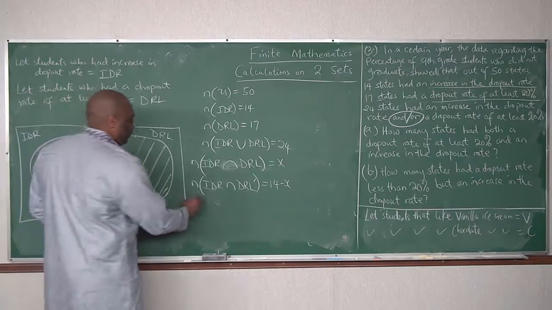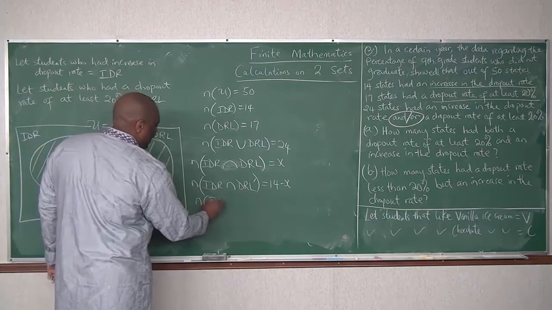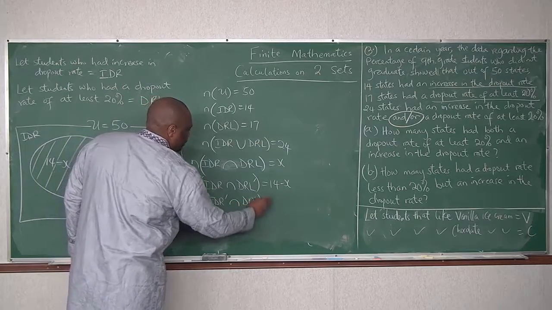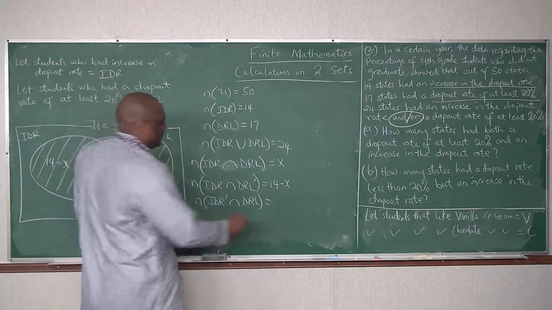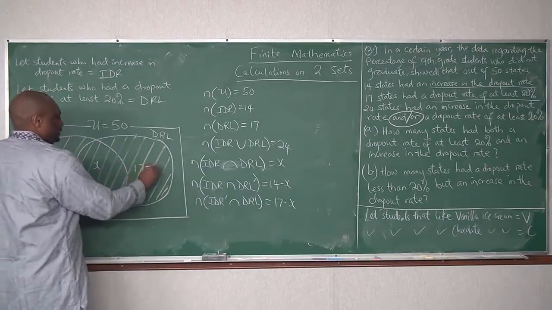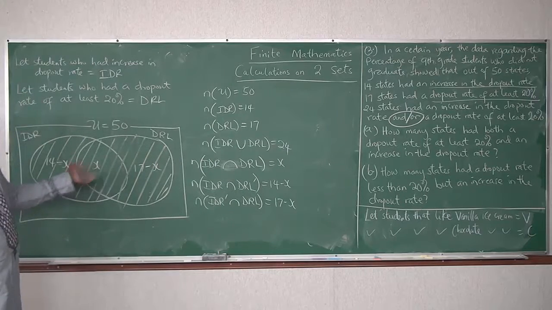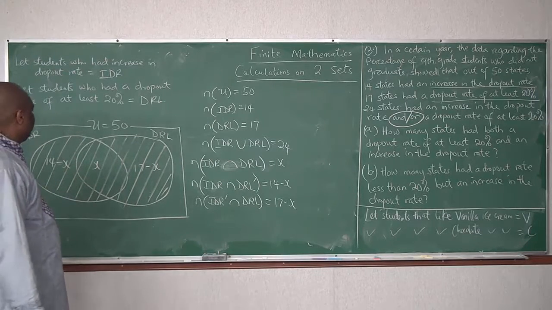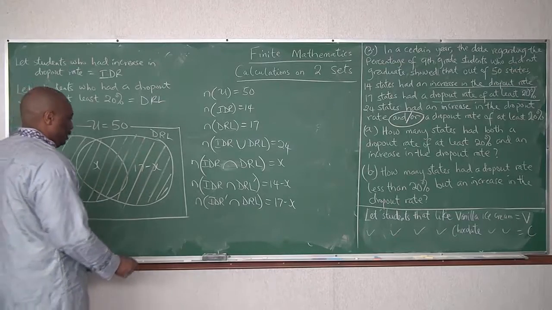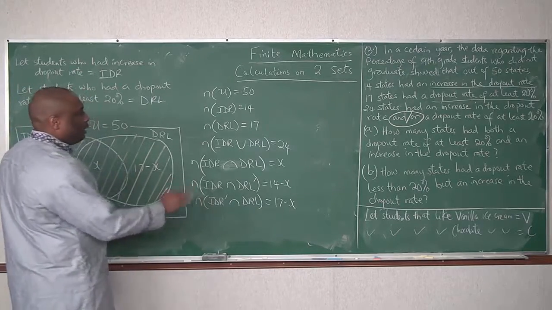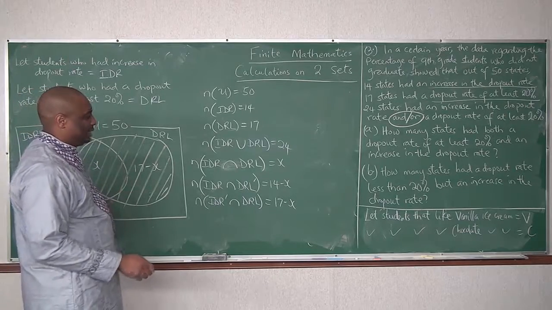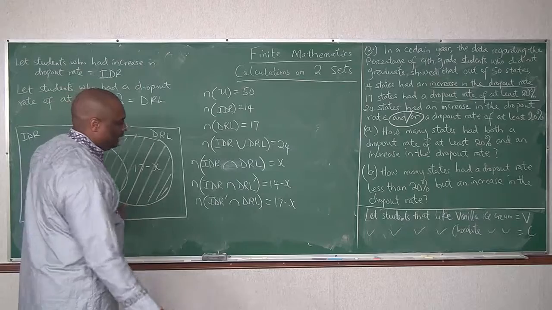Then cardinality of IDR prime intersect DRL will give us 17 minus x. So this is 17 minus x. All right, so let's go ahead and find the union. We see that let's go ahead and find the x, the intersection.